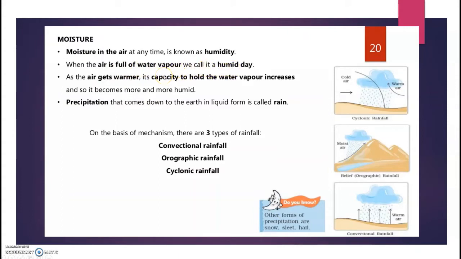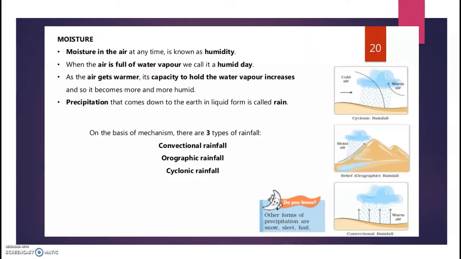As the air gets warmer, its capacity to hold the water vapor increases and so it becomes more and more humid. On a humid day, clothes take longer to dry and sweat from our body does not evaporate easily, making us feel very uncomfortable. So children, tell me the reason why did the wet clothes take longer time to dry on a humid day?